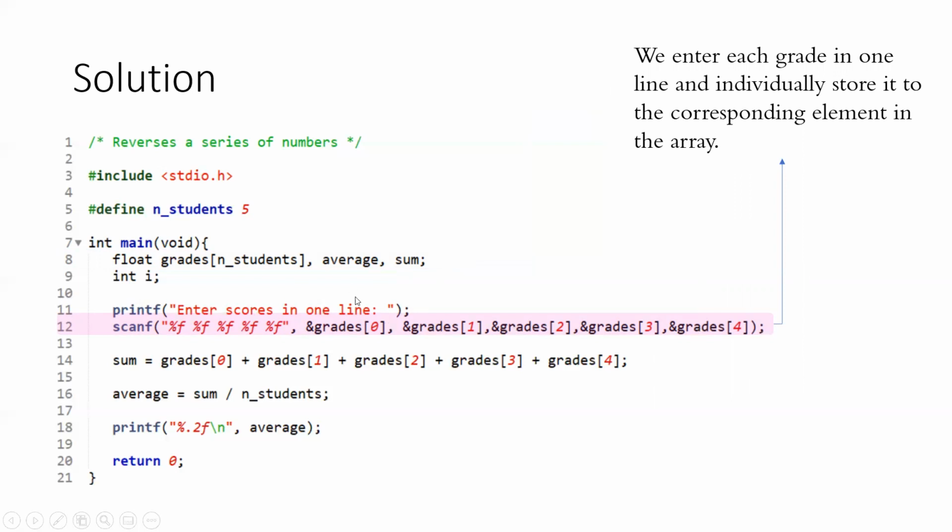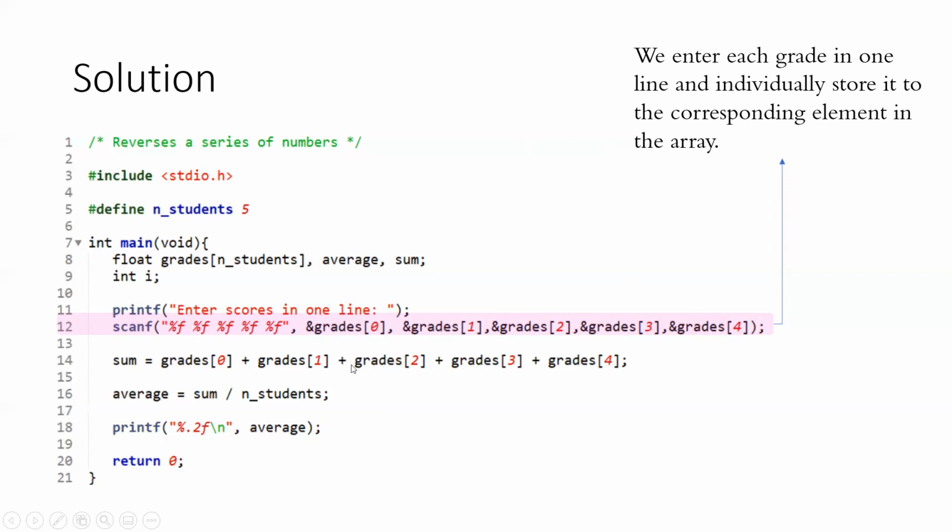We enter the scores in one line. Let's say we enter 5 grades, and those 5 grades will be saved in each element of the array. So grades of 0 refers to the first element in the array, and it maps to this placeholder.